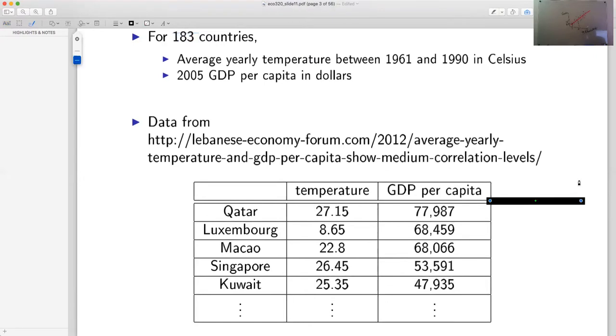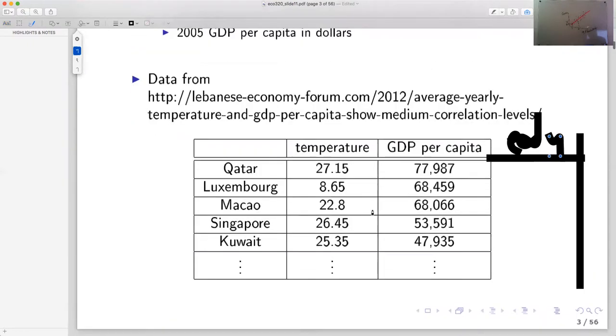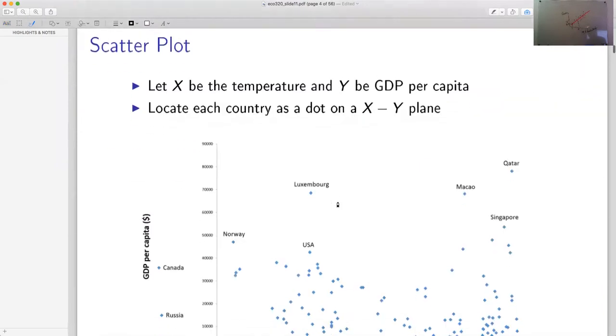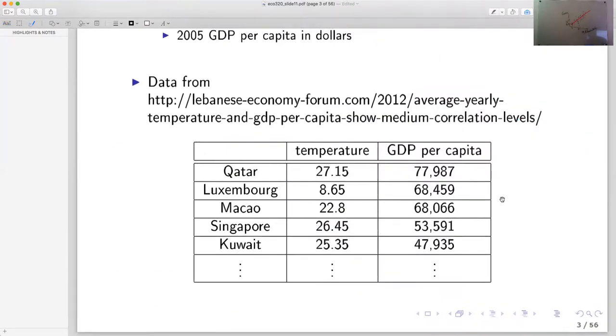Another variable could be the average education of the people in the country, let's say 12 years and 13 years, etc. Each column represents a variable of interest, and each row is basically an observation.